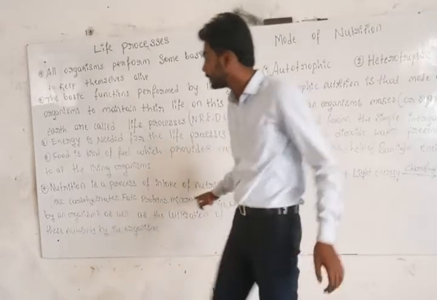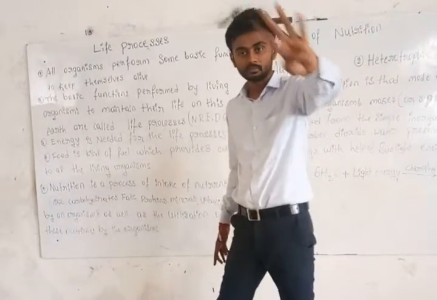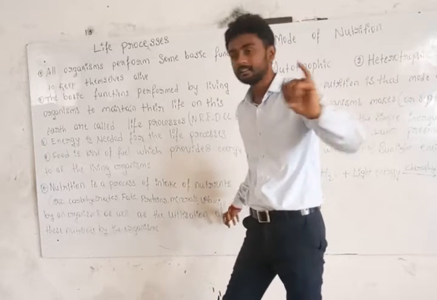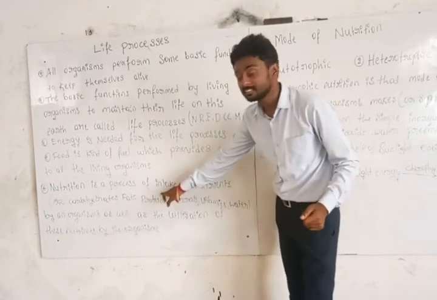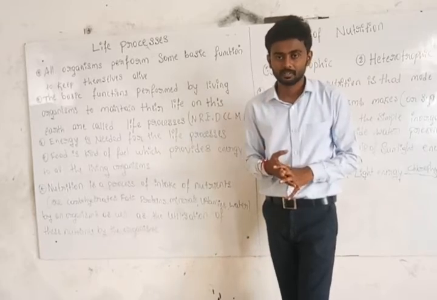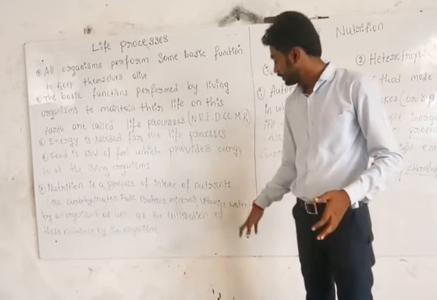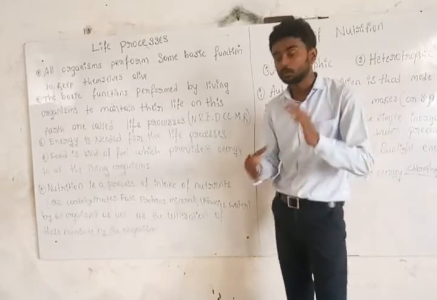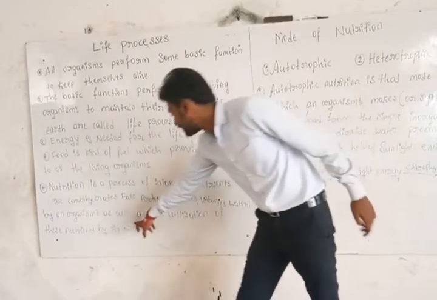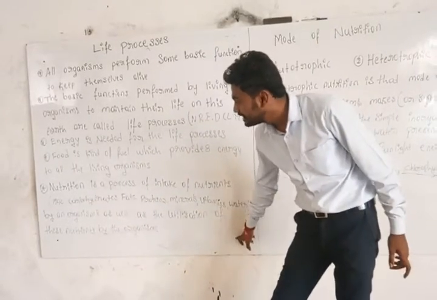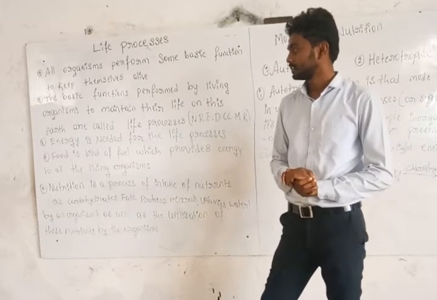The types of nutrients are carbohydrates, protein, lipids, minerals, vitamins, water, and roughage. Nutrition is the intake of carbohydrates, fats, protein, vitamins, and water by an organism, as well as the utilization of these nutrients by the organism. So that is nutrition.